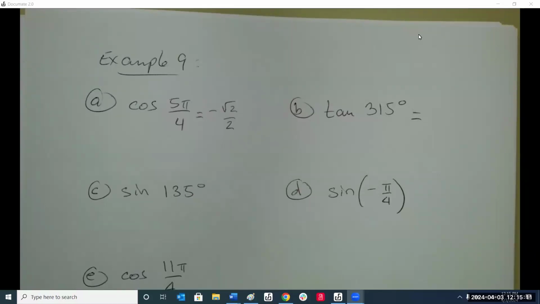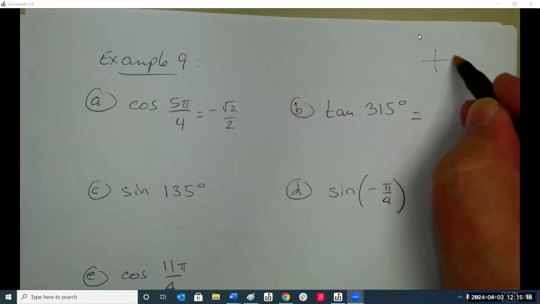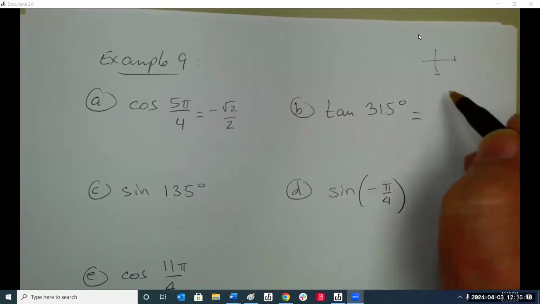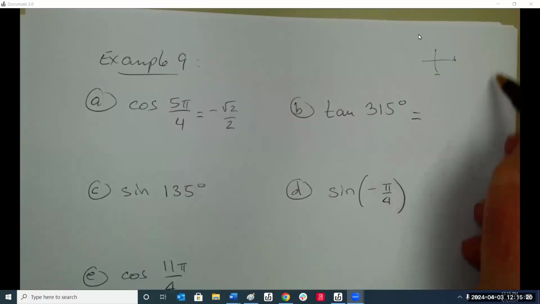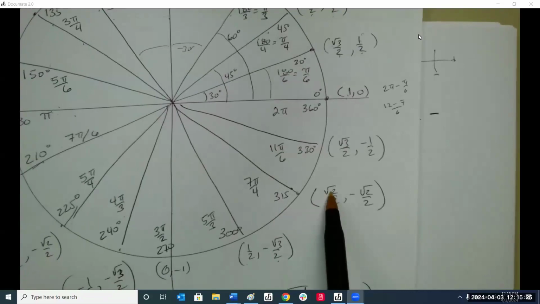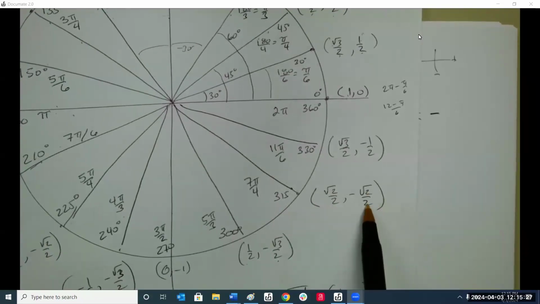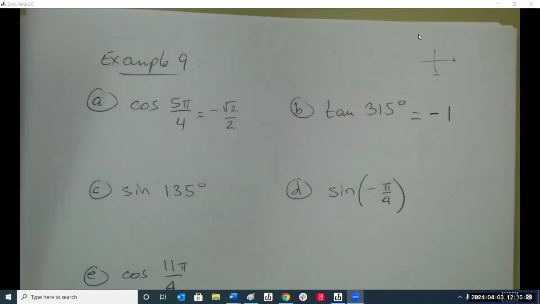Because in the fourth quadrant, we have positives and negatives. Tangent is sine over cosine, so it's negative divided by positive. The answer would be negative. So radical 2 over 2 over radical 2 over 2 makes it a negative 1.